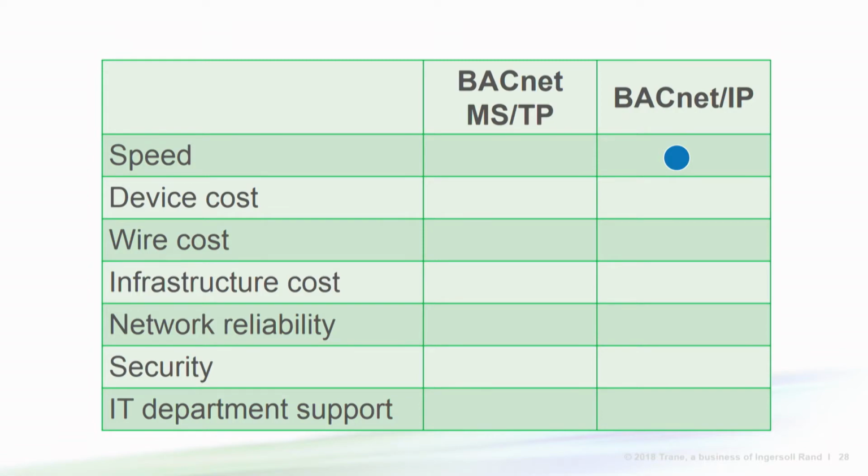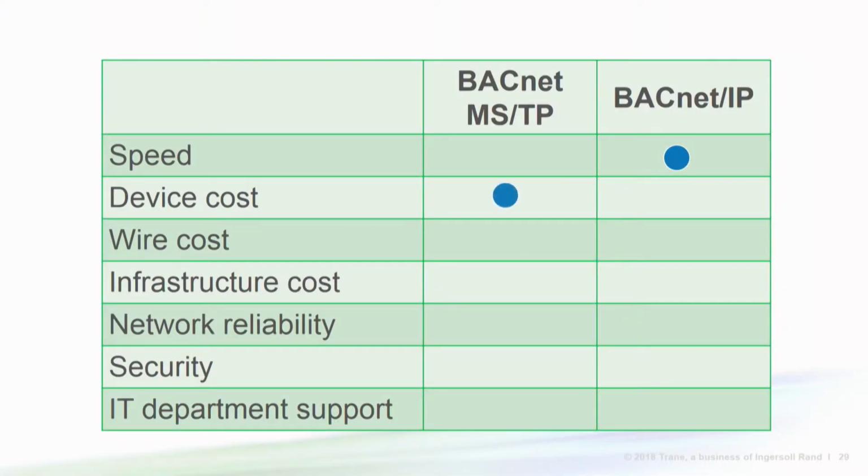Let's move on to the next criteria, which is device cost. You can buy an RS-485 transceiver chip for about 50 cents. The hardware for an Ethernet interface transceiver is about $2.50. That's the component cost, but we all know there's a markup added to the finished product.